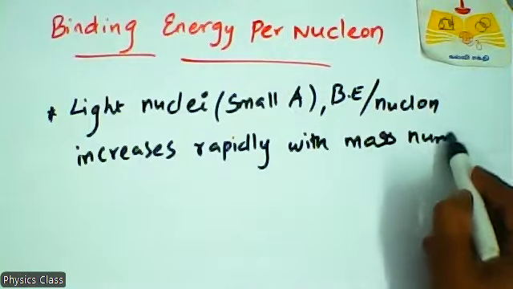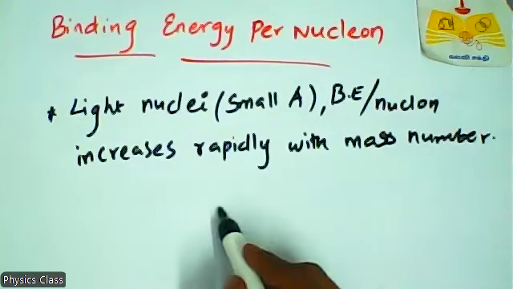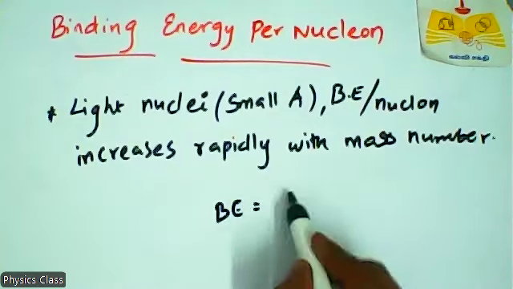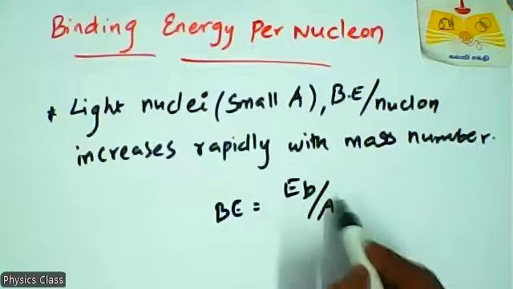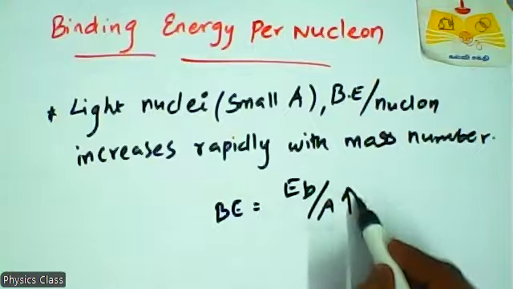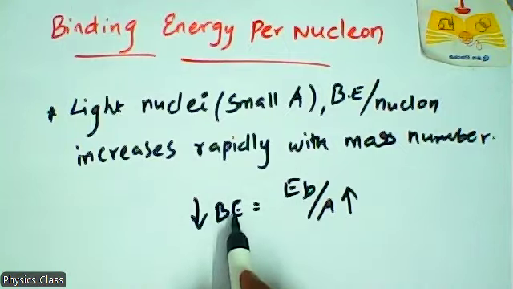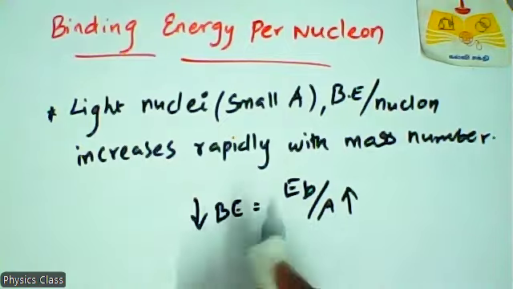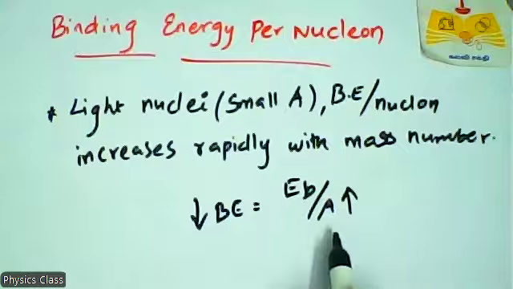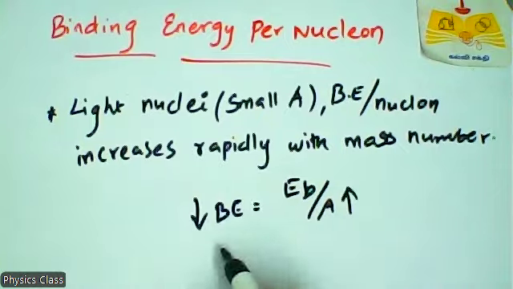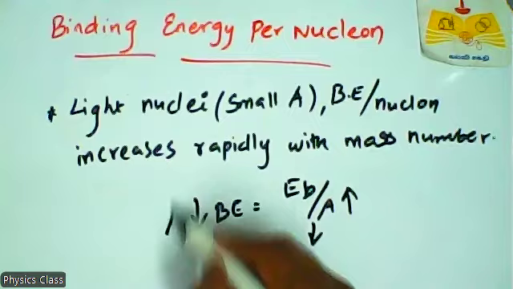Because from the equation, you know that suppose A increases, binding energy per nucleon decreases because both are reciprocal quantities. Binding energy per nucleon is inversely proportional to the mass number. So mass number increases, binding energy per nucleon decreases. Mass number decreases, binding energy per nucleon increases.